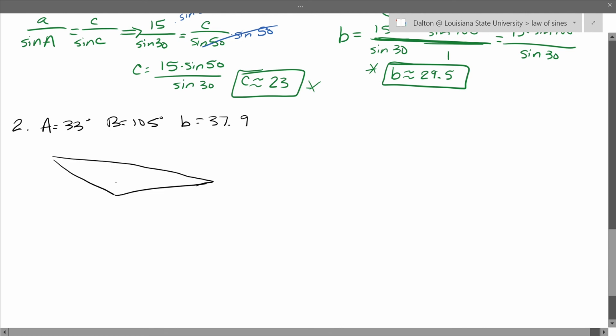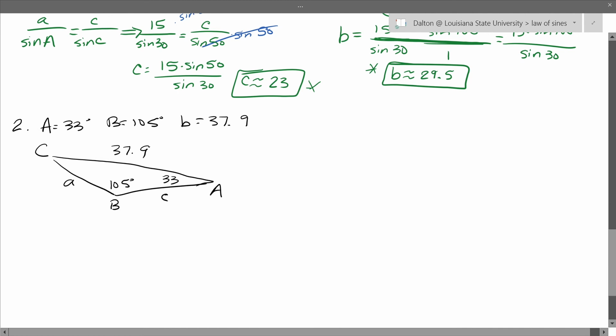So I'll say this is 105 because it looks the biggest, so I'll call that angle B, and I'll call this 33 for angle A, and then we know side B is 37.9, so let me call this angle C, this side A, and this side C.